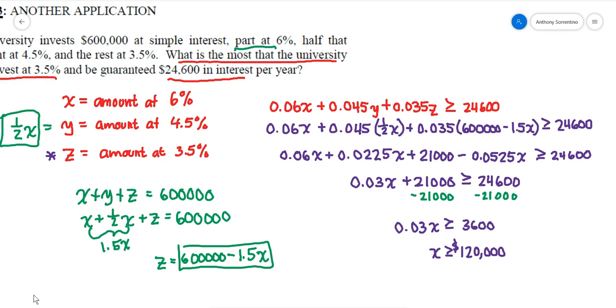Now, some of this you have to figure on some things here. The amount invested at 6% is greater than or equal to 120,000, which means y is greater than or equal to 60,000. It's always half the amount invested in the other one.